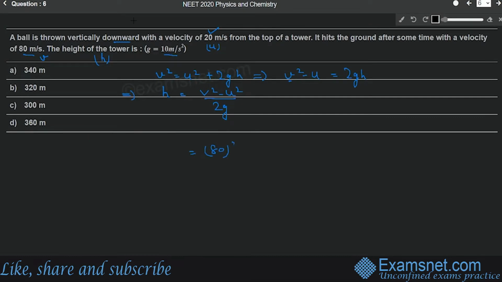So 80 square minus 20 square divided by 2 into acceleration due to gravity, which is given as 10. So 80 square is equal to 6400, 20 square equals 400 and 2 into 10 that means 20. So here we'll get 300 meter. So out of the given options, option C will be the correct answer.